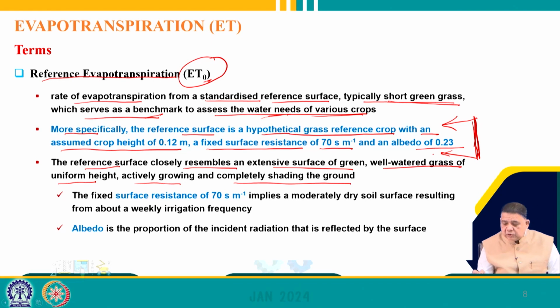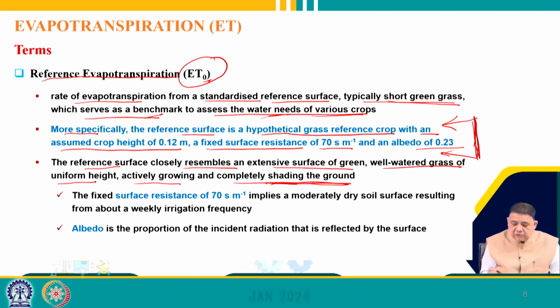So, it is assumed that this green grass is grown in a large area, and water, nutrients, environmental conditions and all other growth factors are ideal, and the growth is uniform and active, completely shading the ground.